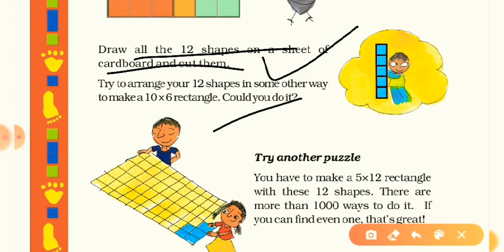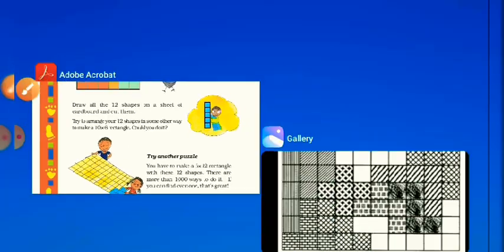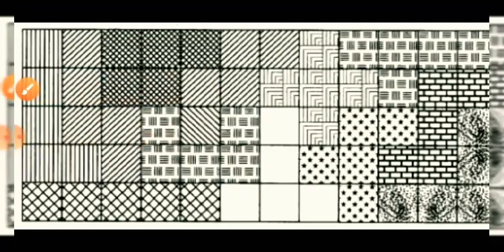Now in the next, try another puzzle. Okay, so you have to make a 5 by 12 rectangle with these 12 shapes. There are more than 1000 ways to do it. If you can find them, so try it. So we have a 5 by 12 rectangle and we have to use pentominoes to fill this rectangle.